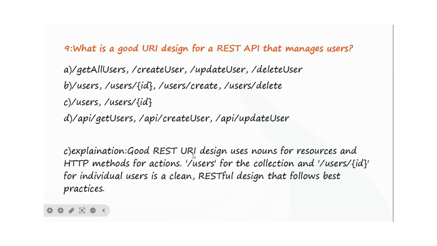Explanation: good REST URI design uses nouns for resources and HTTP methods for actions. /users for the collection, and /users/{id} for individual users is a clean, RESTful design that follows best practices.